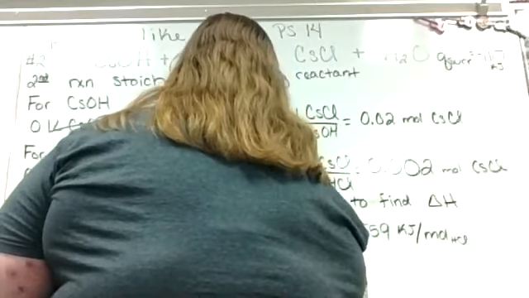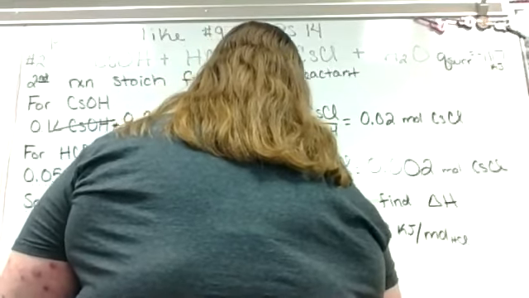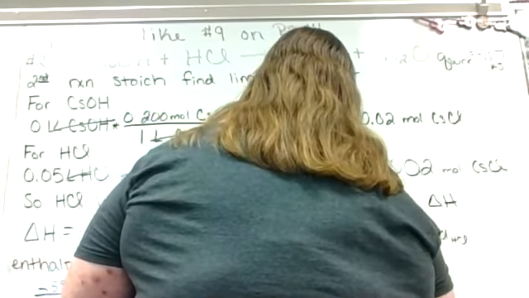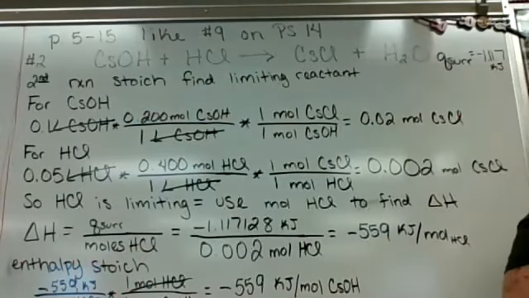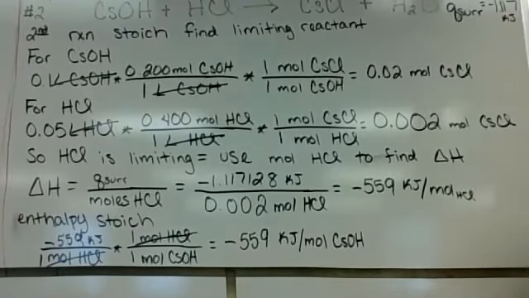And you get negative 559 kilojoules per mole CsOH. So the key for this is wrong. I do know that this is right because I sent a picture to my professor friend, and he's one of the smartest people I know in chemistry. And he said that this is indeed right.